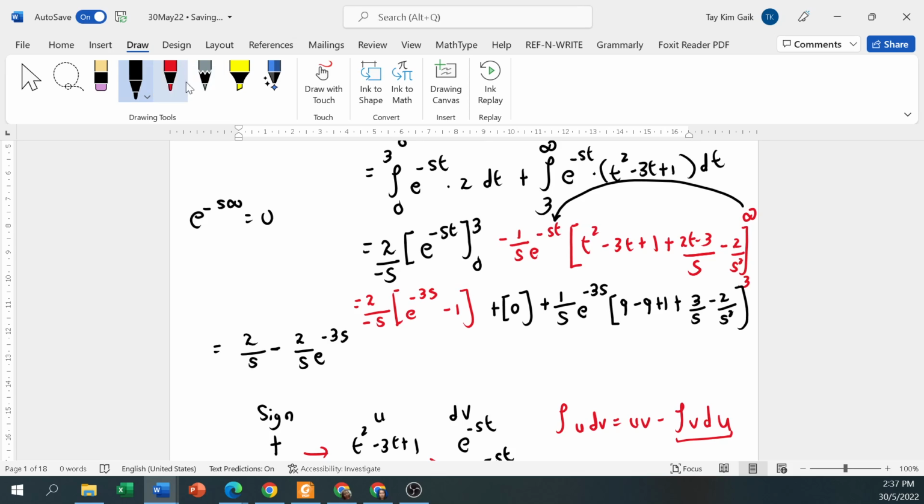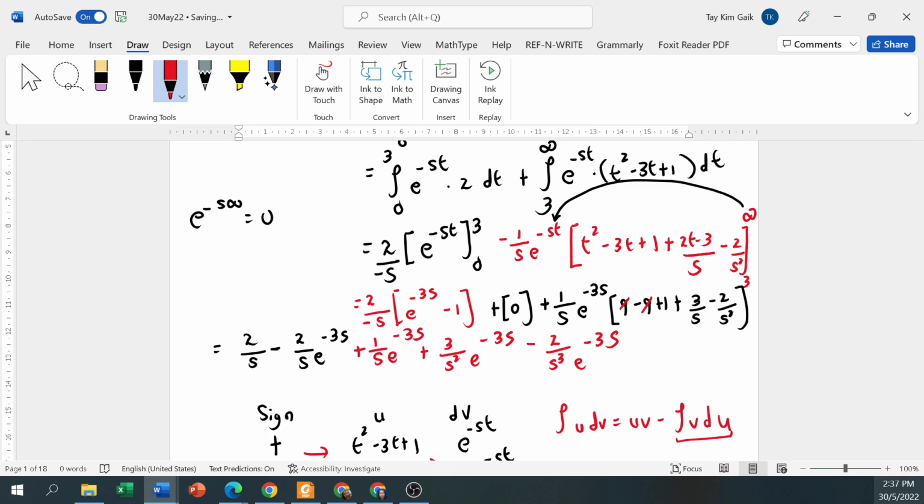Here 9 minus 9, so you get 1 over s, so you can add up 1 over s exponent negative 3s. So the total is 3 over s squared. This term is minus 2 over s cubed exponent negative 3s.